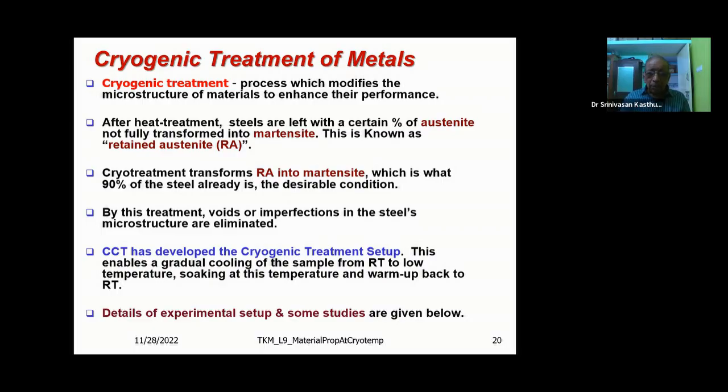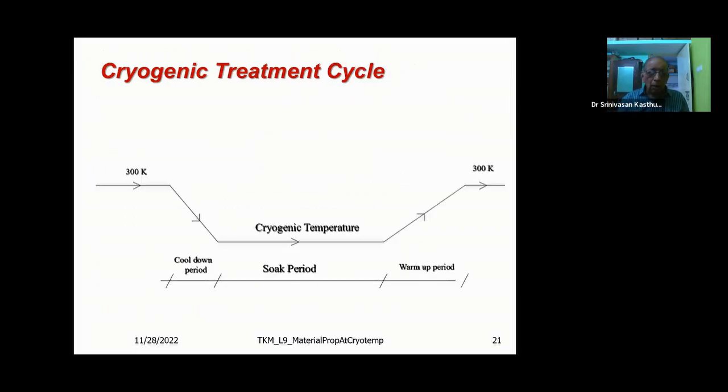Okay, in our center, we have developed this cryogenic treatment setup. It enables a gradual cooling of the sample from room temperature to low temperature, then soaking at the low temperature, and then warming up back to room temperature. So now I will just show you the detail of the cryogenic treatment cycle.